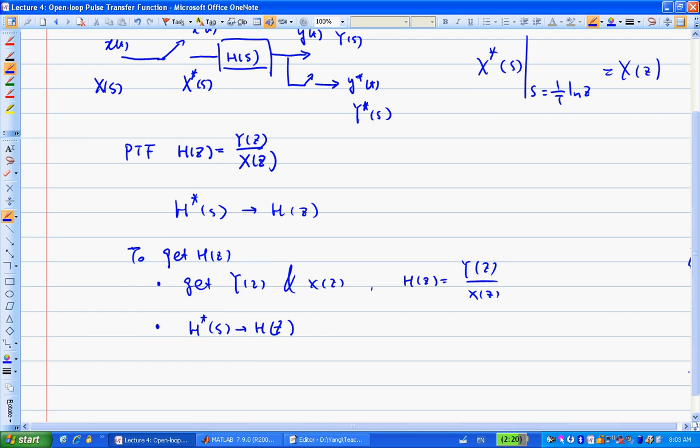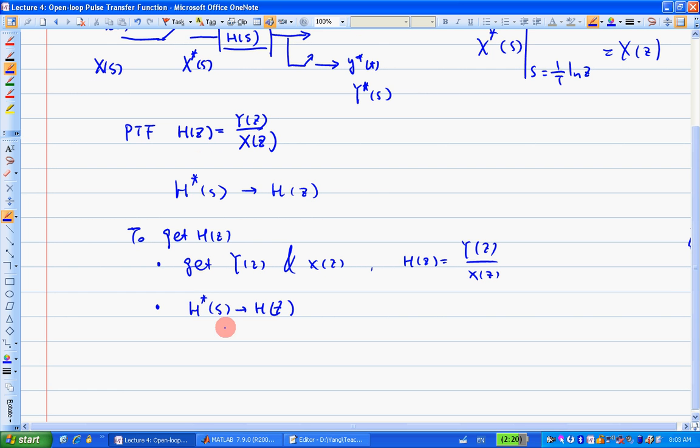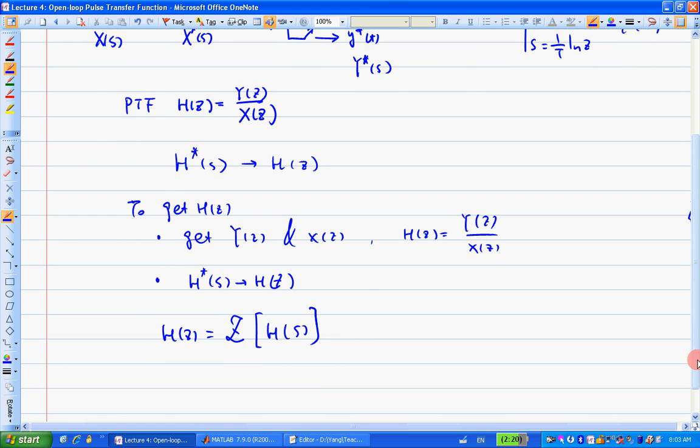For this particular approach, what we usually write is h of z equal to this. Later I'll show you a formula. So how do we easily obtain this h star of s from h of s?